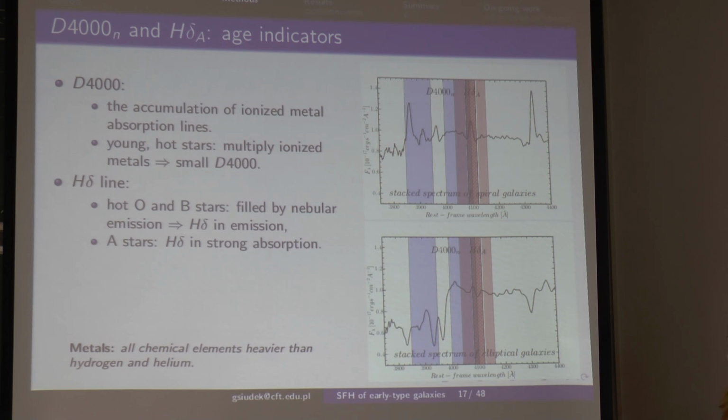Can I ask a question? Yeah, of course. Now I understand what D4000 is. But a galaxy consists of an enormous amount of stars, right? So how can I attribute the property of a young star to the galaxy on average?